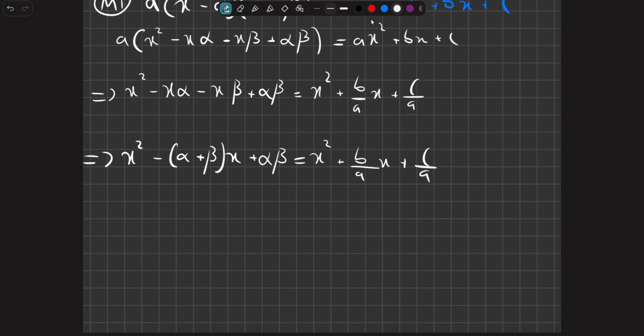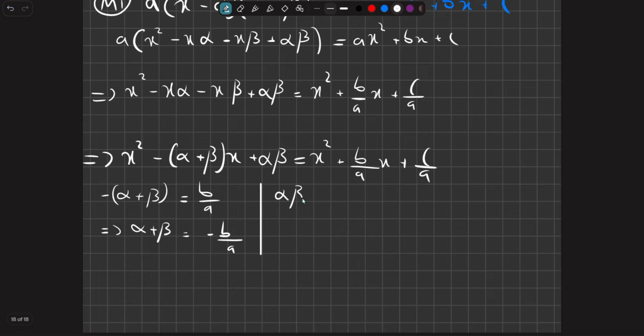This is effectively how we can say that negative alpha plus beta is equal to b over a, which makes it alpha plus beta equals negative b over a. We can do the same thing here with the c term, sorry, the constant. We can say alpha times beta is equal to c over a.